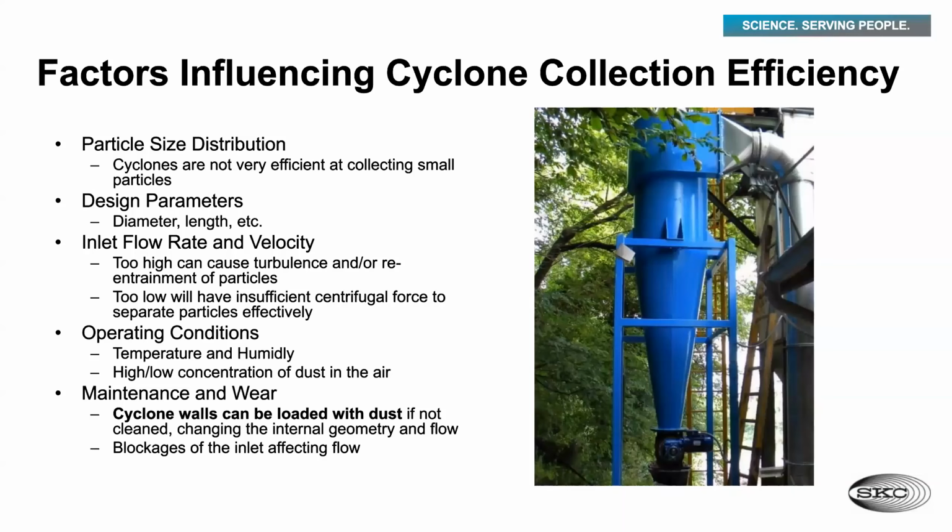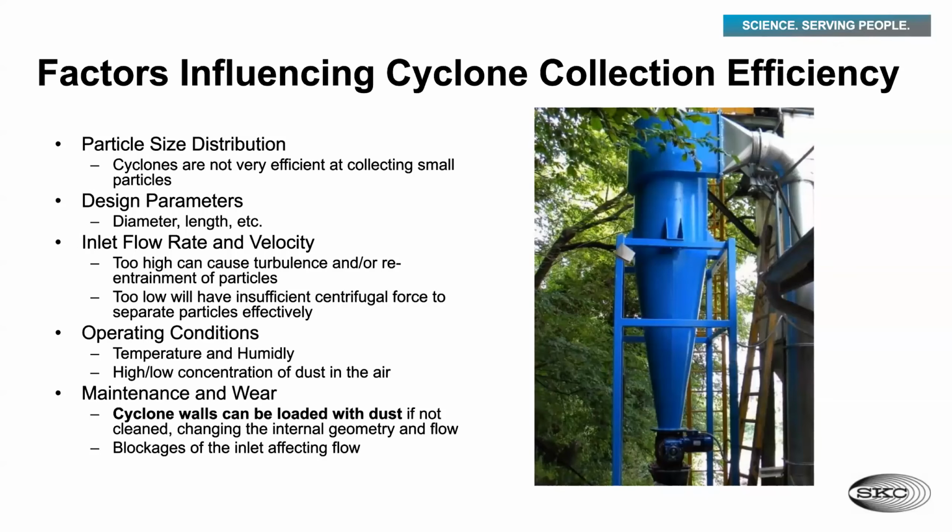So as you go down the list, there are the design parameters: what the inlet flow looks like, the velocity, the size, the radius, how long it is. There are so many different things that go into designing a cyclone. And the one that we're looking at right here is an industrial style cyclone that is used for a number of things in the industry, from removing fines to recycling paints to doing all sorts of other things that allow the cycloning motion to remove those small particles out the top and collect the large particles out of the bottom.